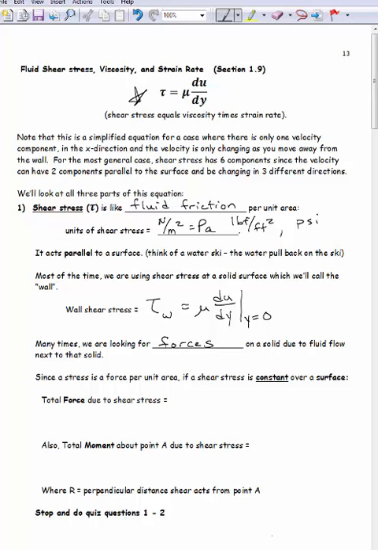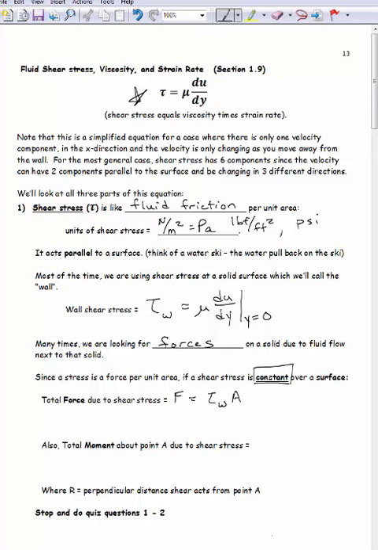Okay, so remember it's acting parallel to a surface, so if you have a constant shear stress acting all over some surface, all you have to do to get the total force from that shear stress is say it's equal to tau at the wall times that area. That's as long as tau is constant over that whole surface. Okay, so we'll do that a lot.